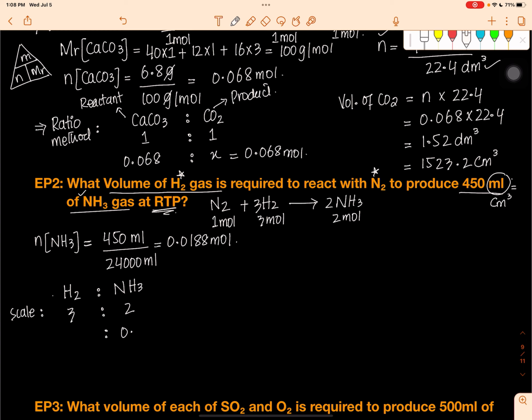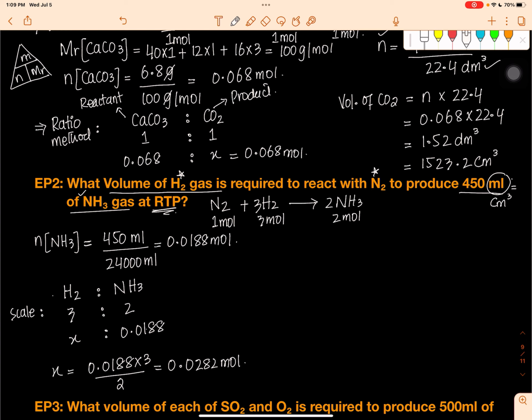So if 0.0188 moles of ammonia are produced, what amount of hydrogen was needed? We calculate 0.0188 cross 3 upon 2, and we get 0.0282 moles.